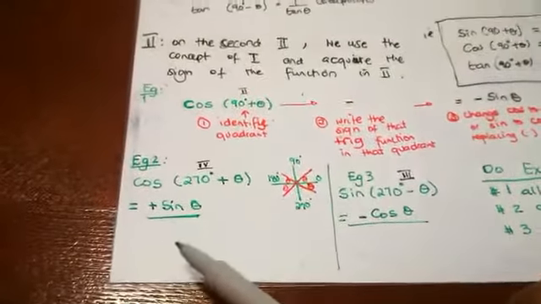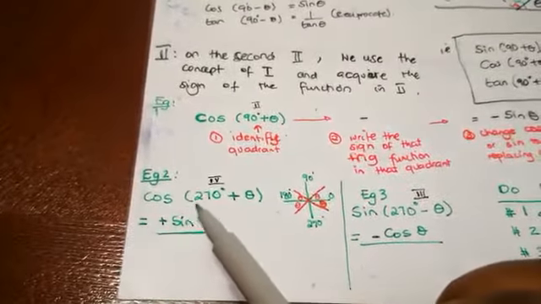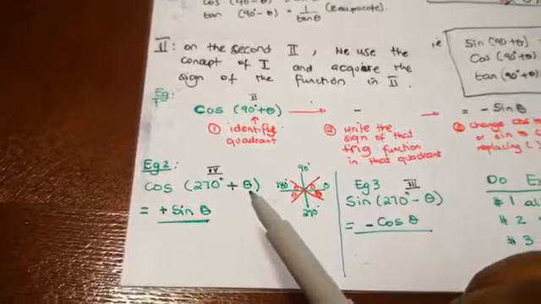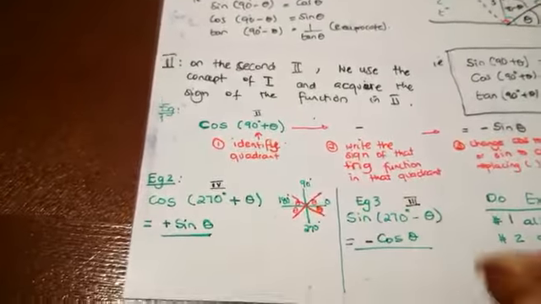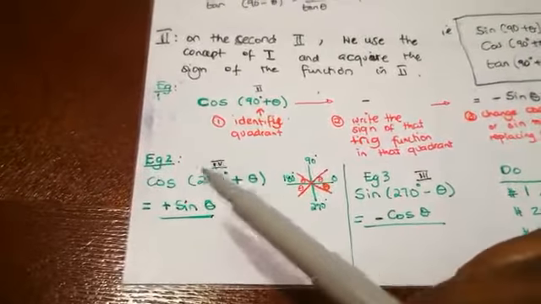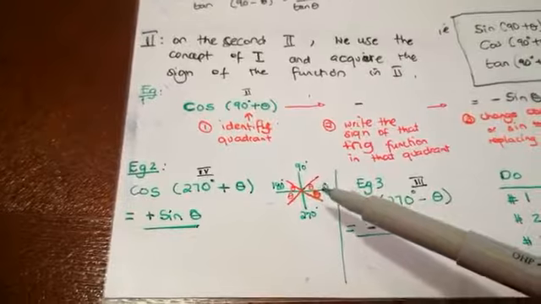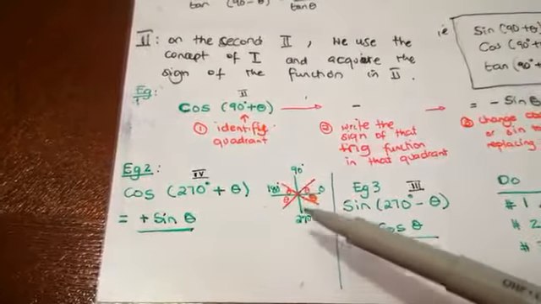Okay, now I've got a second example here, which says cos of 270 plus theta. Now you've seen we only dealt with 180 or 90. Now they've got this 270 here. So your little diagram here, we've got 0, 90, 180, and 270.